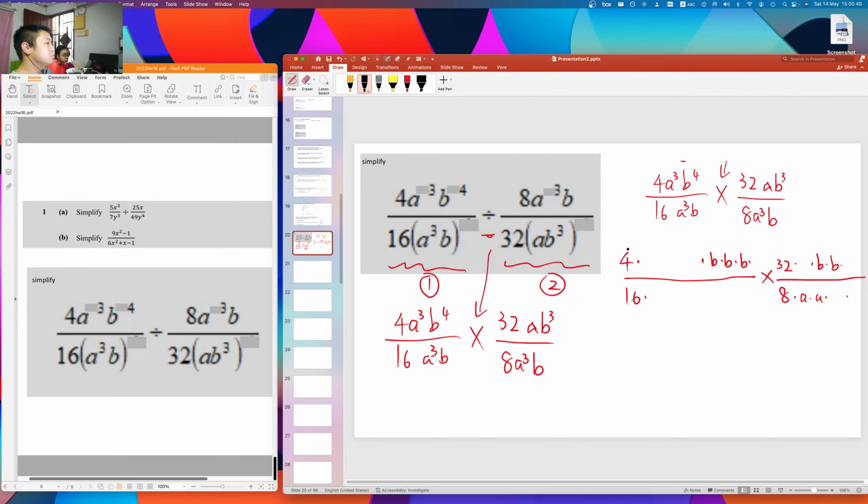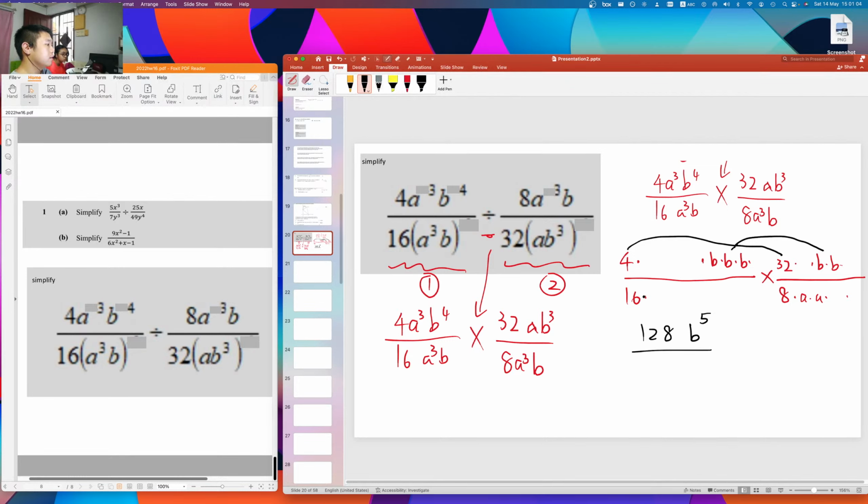So you just do number times number, then letter times letter. 4 times 32, what do you get? 128. How many b on top? 3b here, 2b here. So 5. It's b to the power of 5.